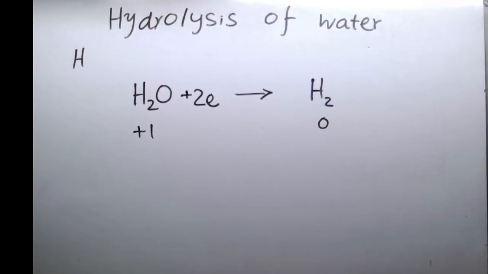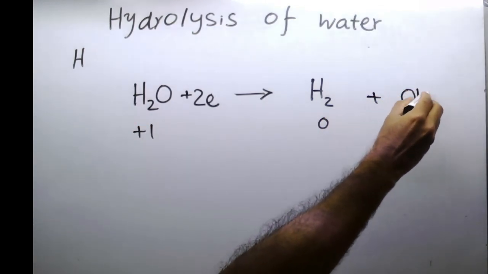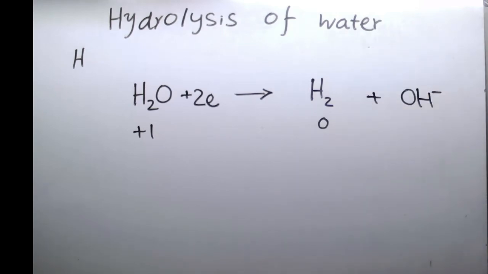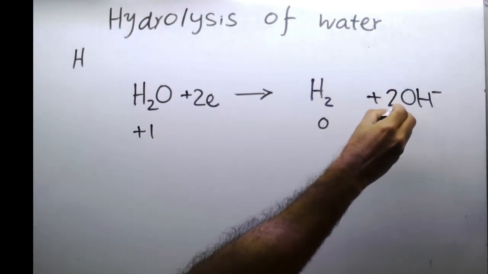Then we have to balance the charge. There is an oxygen atom here, so I can use hydroxyl ion for balancing the charge. To balance the number of charges, I will multiply this by 2.